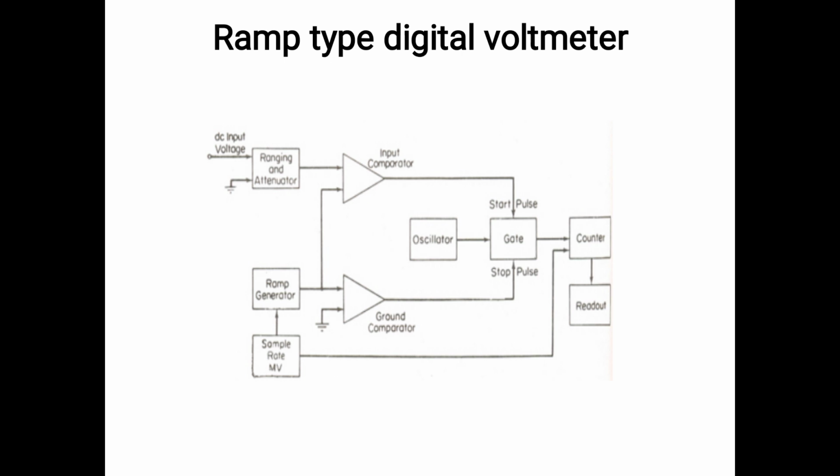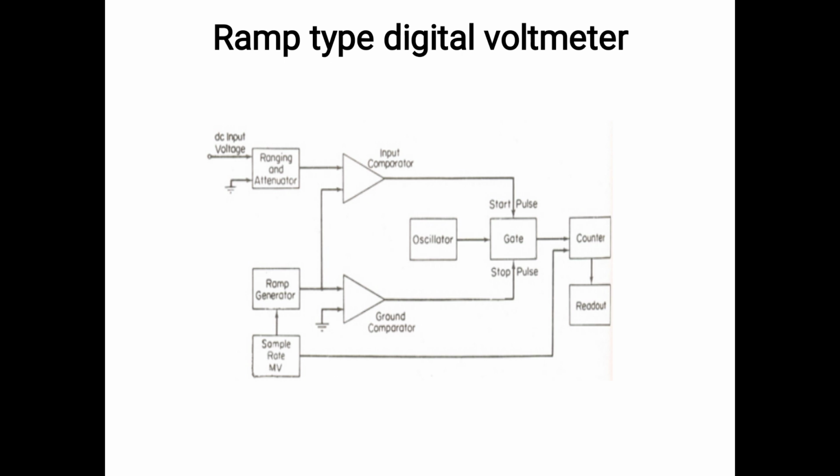Those pulses are given to both the input comparator and the ground comparator. In the input comparator, we have the DC input that has to be measured. In the ground comparator, the other end is grounded, which indicates 0 volt.